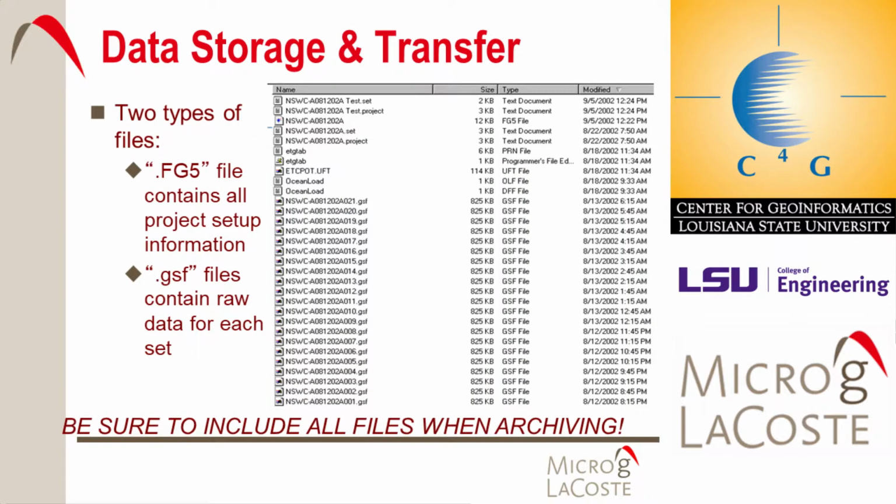So here, this is why we make a new folder every time we make a new project. These are all the files that it creates every time you do a project. Each one of these GSF files is each set. That keeps all the set data. And then the .project is that project overview that I was talking about, and .set is the set file.